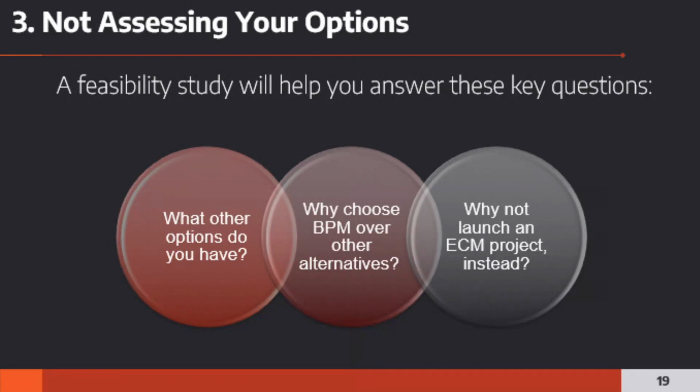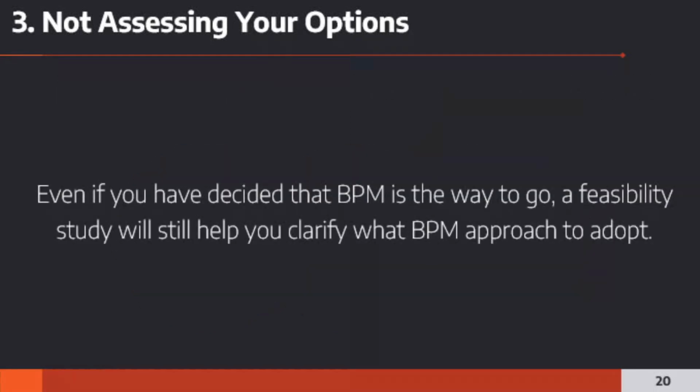Now you'll have to ask yourself, do I really need BPM at this point in time, or can I go with ECM? So this is what assessing your options means. Now, even if you have decided that BPM is the way to go, a feasibility study will still help you clarify what BPM approach to adopt.